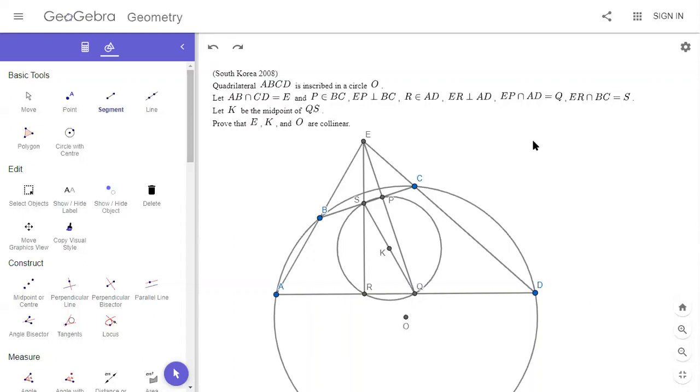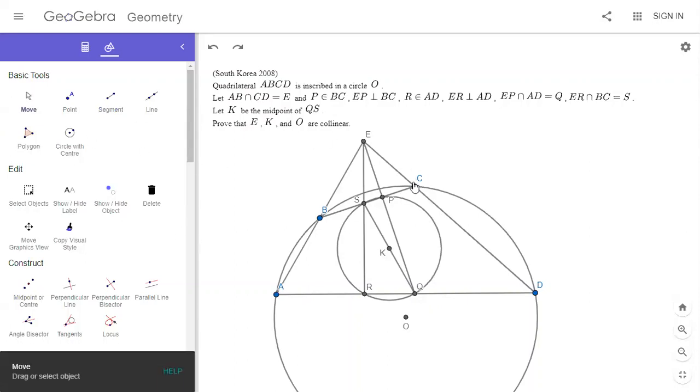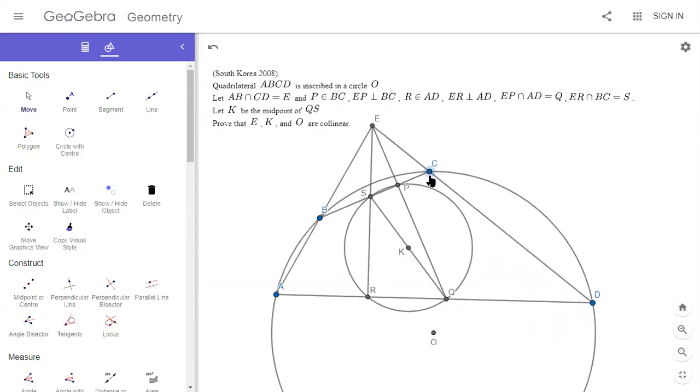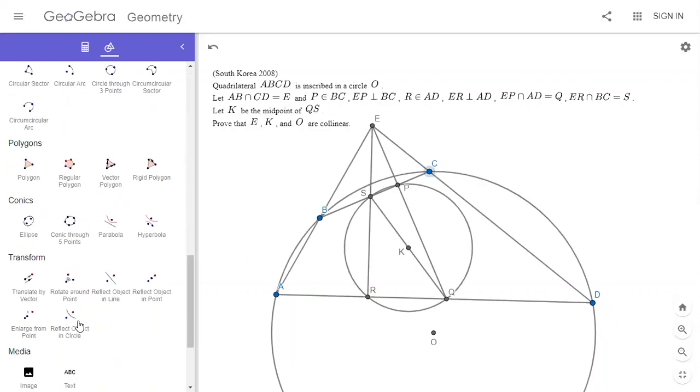Okay. So, I mean, we want to show O lies on the median of triangle ESQ. I wonder what the symmedian is. So, what is the symmedian of triangle ESQ? Let's see.